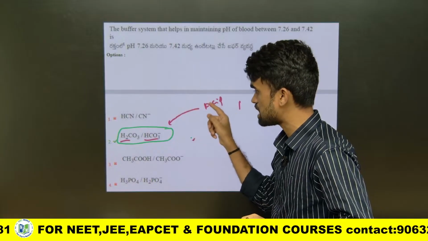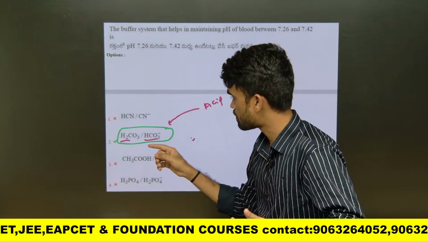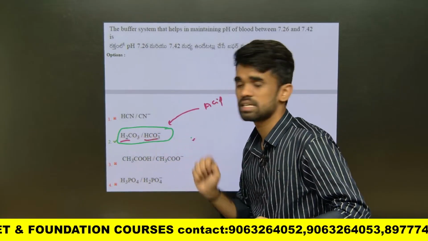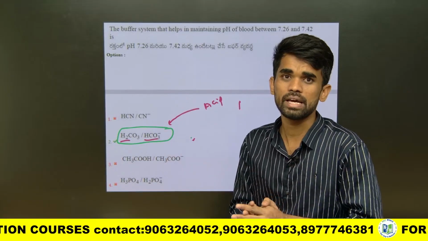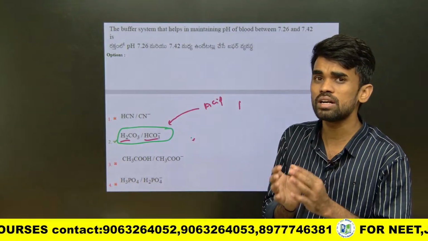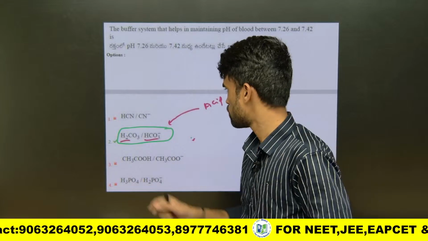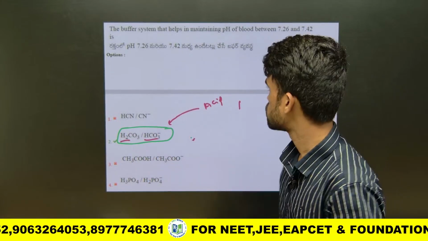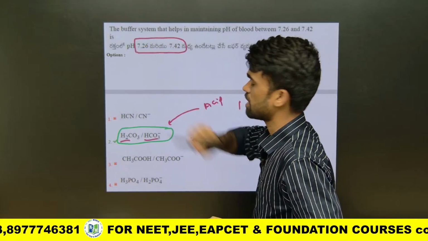The pH change caused by the addition of acid or base is stopped by this mixture of carbonic acid and its conjugate base. This is an application of the common ion effect. We already have a video on the common ion effect, so you can watch it. That's why the pH stays in this range only.